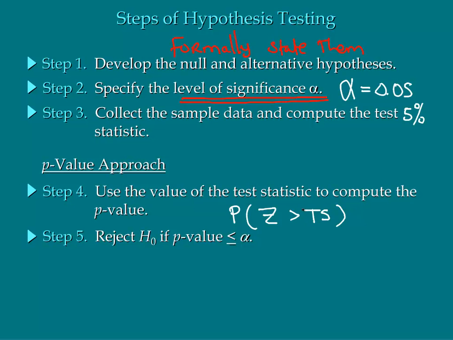Just as a remark, it would help to use the absolute value there, just in case you get a negative number as your test statistic. And reject the null hypothesis if the p-value is less than or equal to alpha.